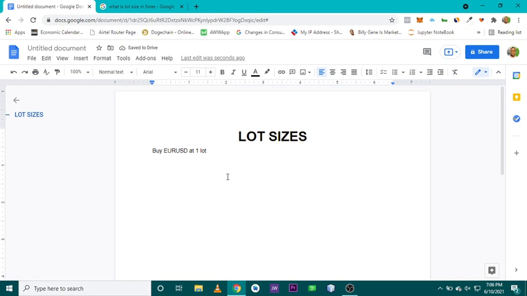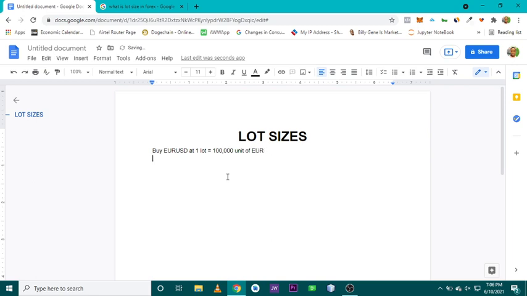Anytime you hear one, referring to one lot, it refers to one standard lot, which we'll talk about. Anytime you're buying the euro against the dollar, it means that you're selling the dollar to buy the euro. So this means that you are buying 100,000 units of euro.